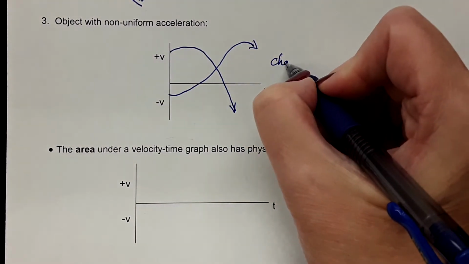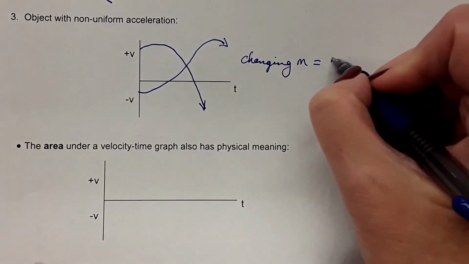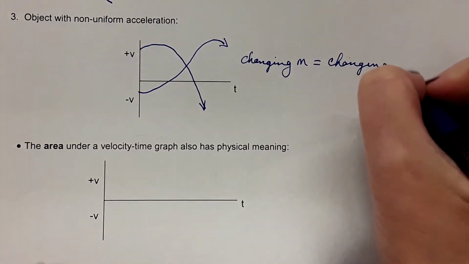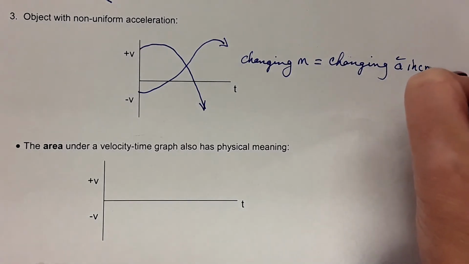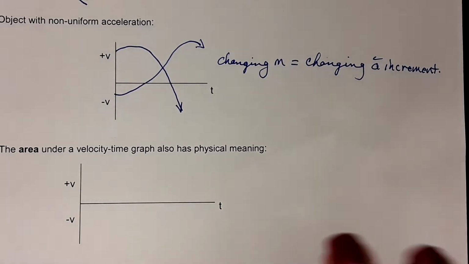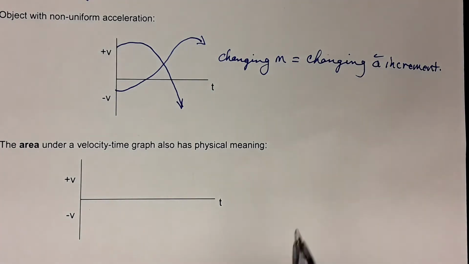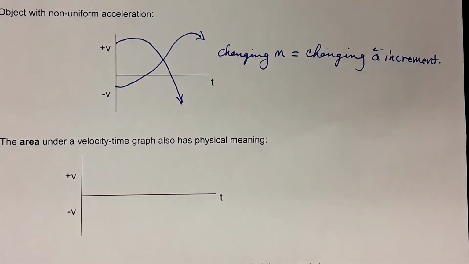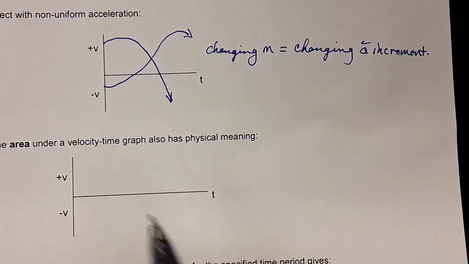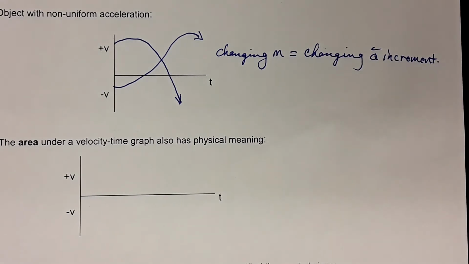So a changing slope equals a changing or non-uniform acceleration increment. Okay? Fortunately, since that requires calculus to integrate across a curve, and this is not a calculus-based course, we don't have to worry about that too much. But you should recognize that if the slope is changing, the acceleration increment is changing. Your values that you're adding and subtracting are different from one point to the next.